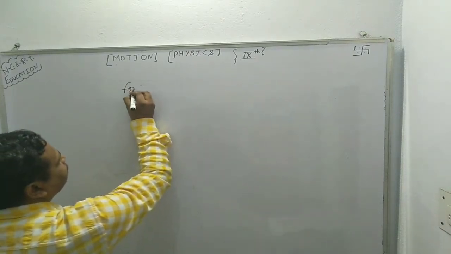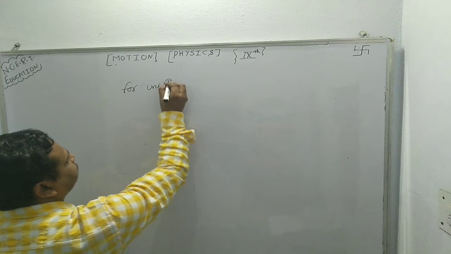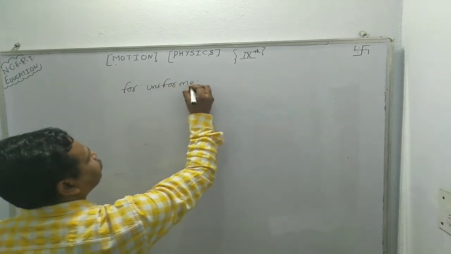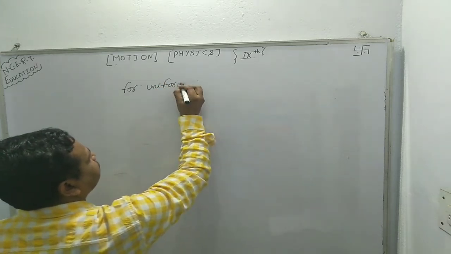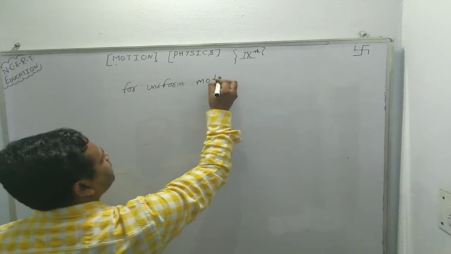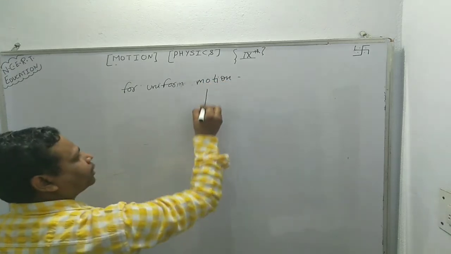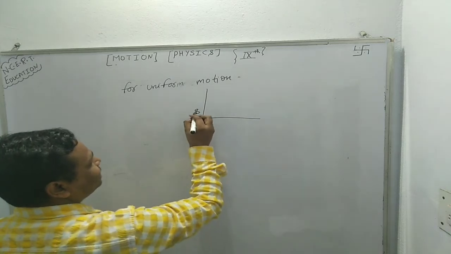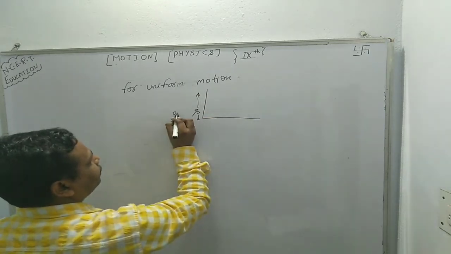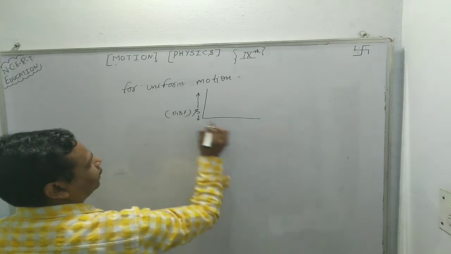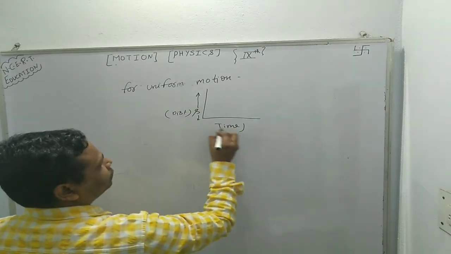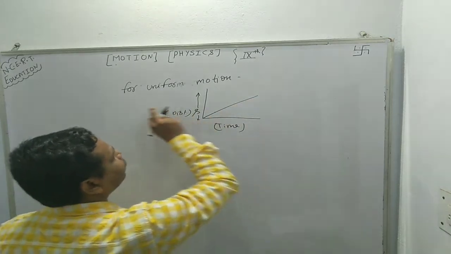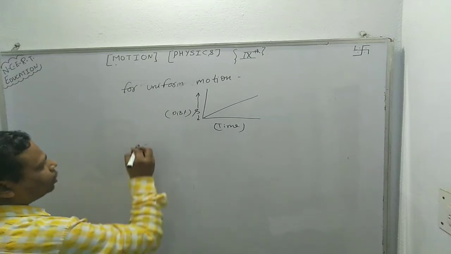For uniform motion, if you plot a graph between distance and time, you will always get a straight line.